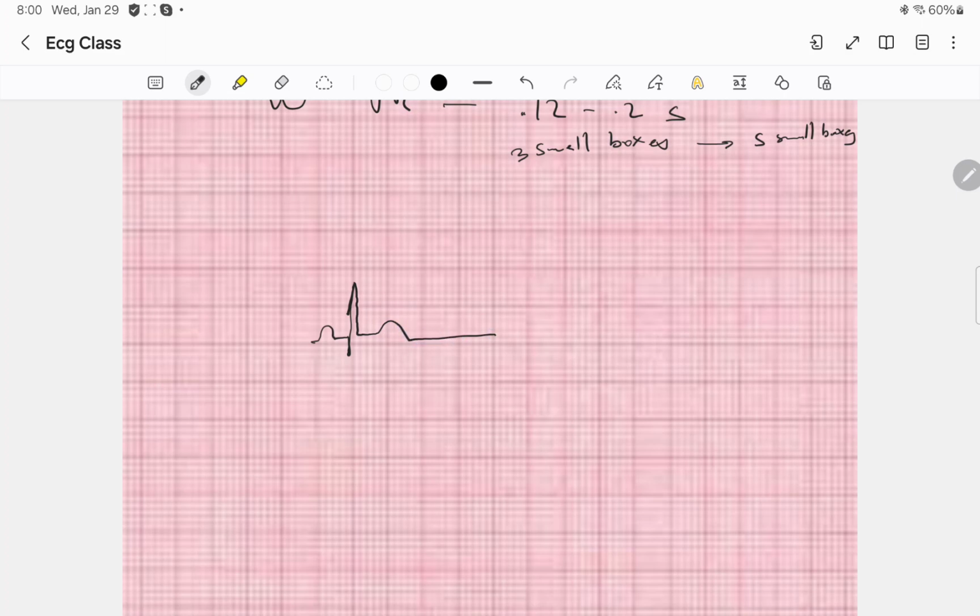So there are some nuances about the height of the various waves that I think would be better discussed in later videos. But for now, I would like to highlight that the PR interval, which we mentioned before, is from the beginning of the P wave to the beginning of the QRS complex, and it represents the time taken from the beginning of atrial depolarization to the beginning of ventricular depolarization.